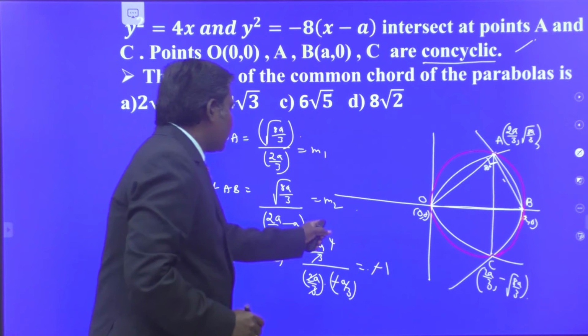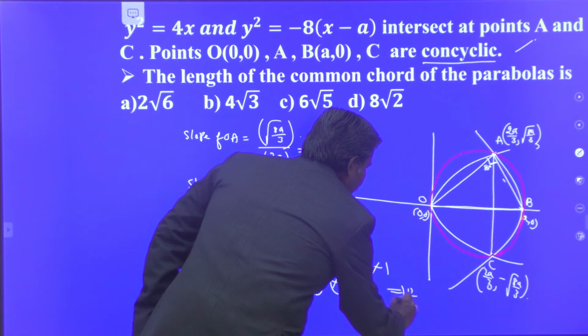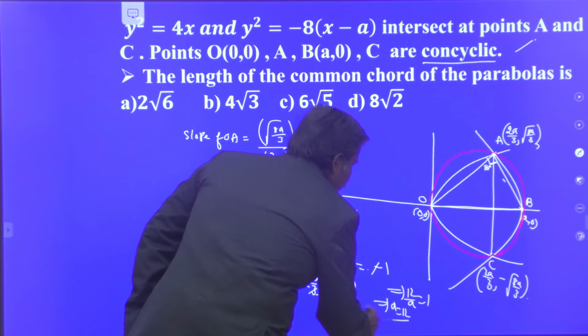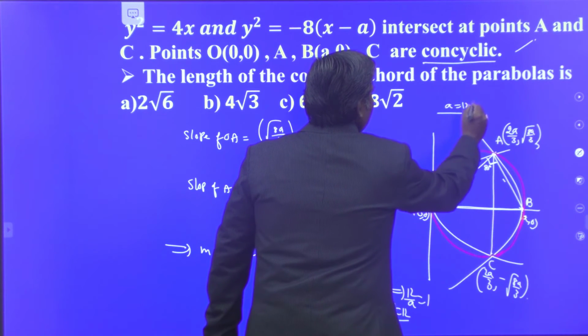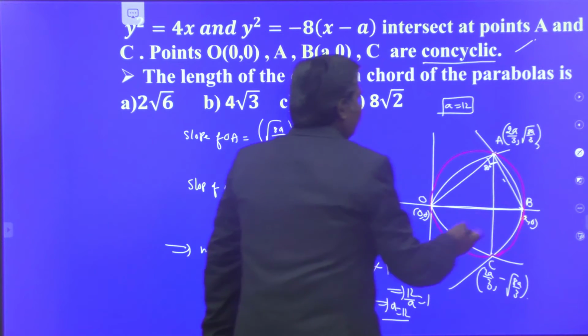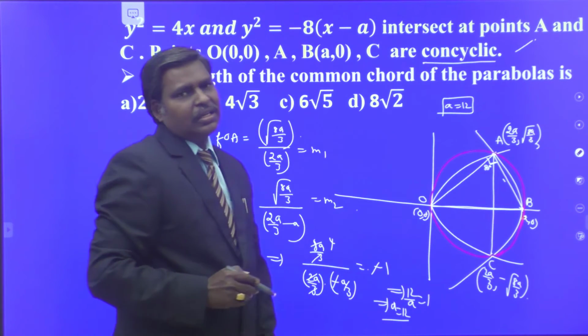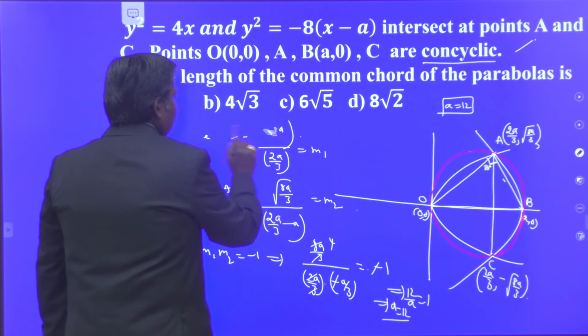So, taking that 3 to the numerator, 12 by a equals 1. We have 12 by a is equal to 1, which implies a is equal to 12. So, you have the value a is equal to 12. So, after getting the value of a, we can easily find the length of the common chord. So, I am erasing this one.